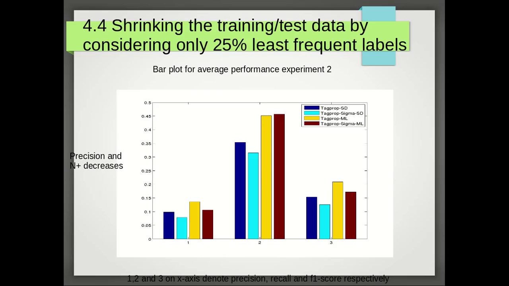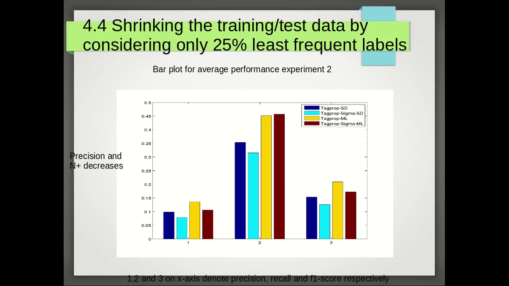The next task was to again shrink the data, this time by only considering those 25% rare labels that we removed initially. Now we are considering those 25% rare labels, and using them we are training and testing again.